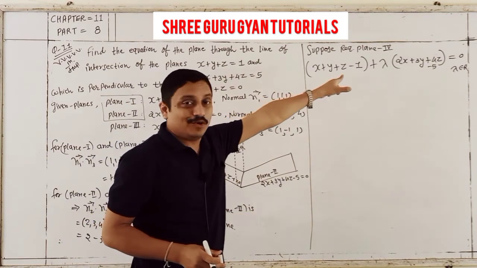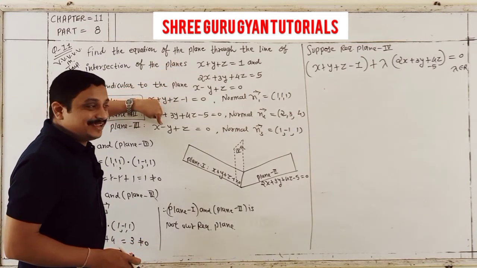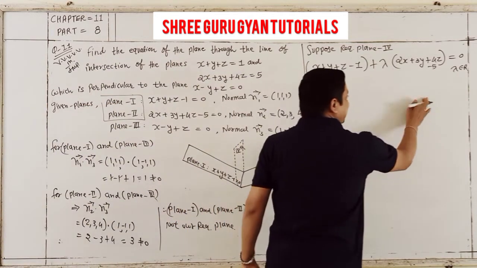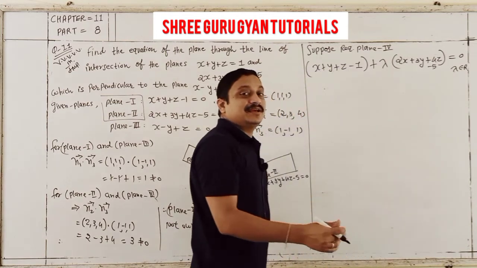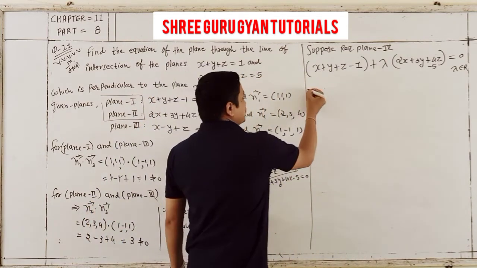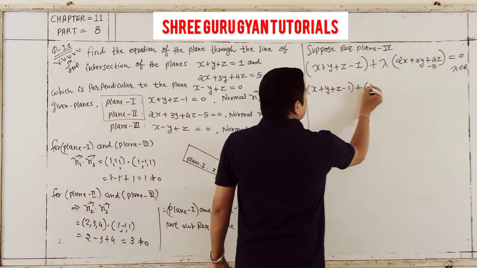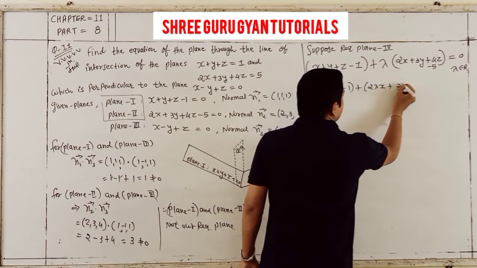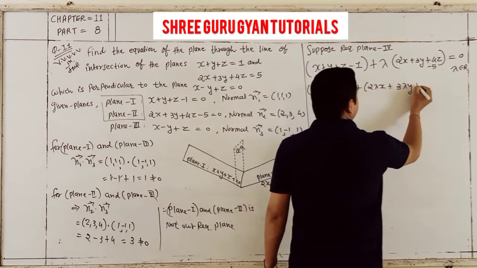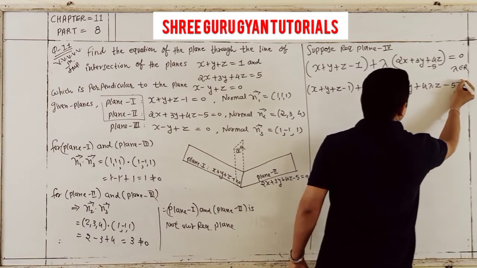But plane 4 is perpendicular to plane 3. First I convert this up to the normal, and after that I will make the drawing. So x plus y plus z, 2 lambda x, 3 lambda y, 4 lambda z minus 5 lambda.